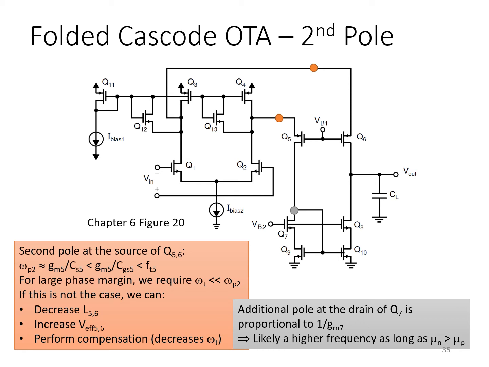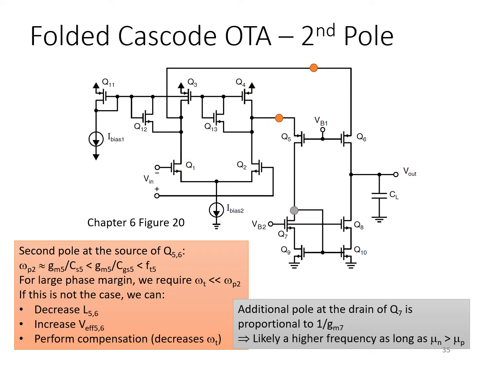And we've said that in order to increase the bandwidth, we would increase GM1 and 2 of the input diff pair transistors, and for a fixed load that would increase omega TA and thereby increase the closed loop bandwidth of the amplifier. But again, that's according to a first order model. In reality, the circuit's obviously quite complex, and there are several other poles arising. And these can be estimated from the time constants associated with various nodes in the circuit.